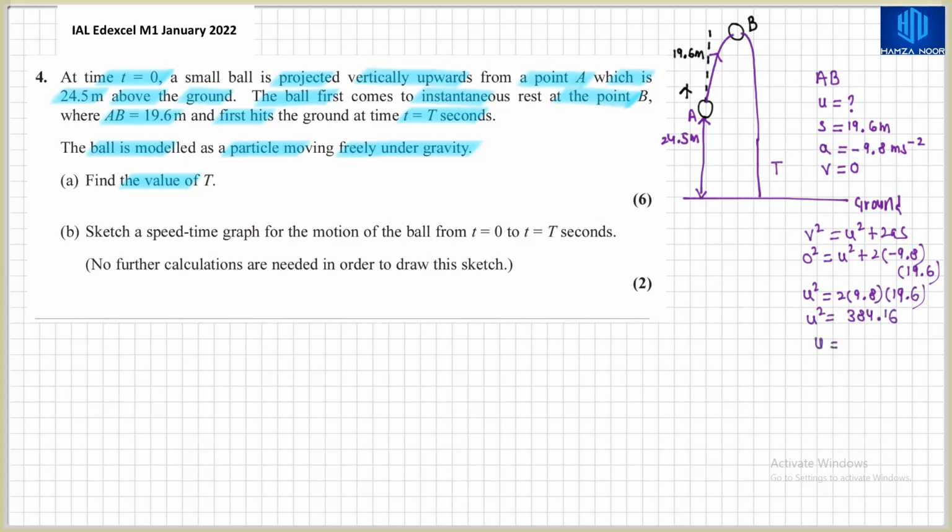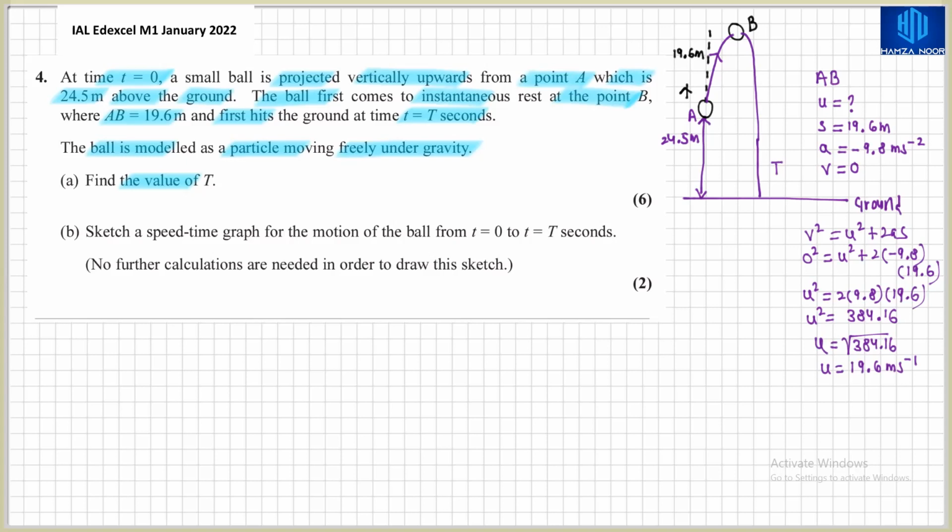And u is therefore the square root of 384.16. Since we are talking about the speed of the projection, we ignore the minus sign, and only take the positive root. So u equals 19.6 meters per second, which is the speed of the projection.